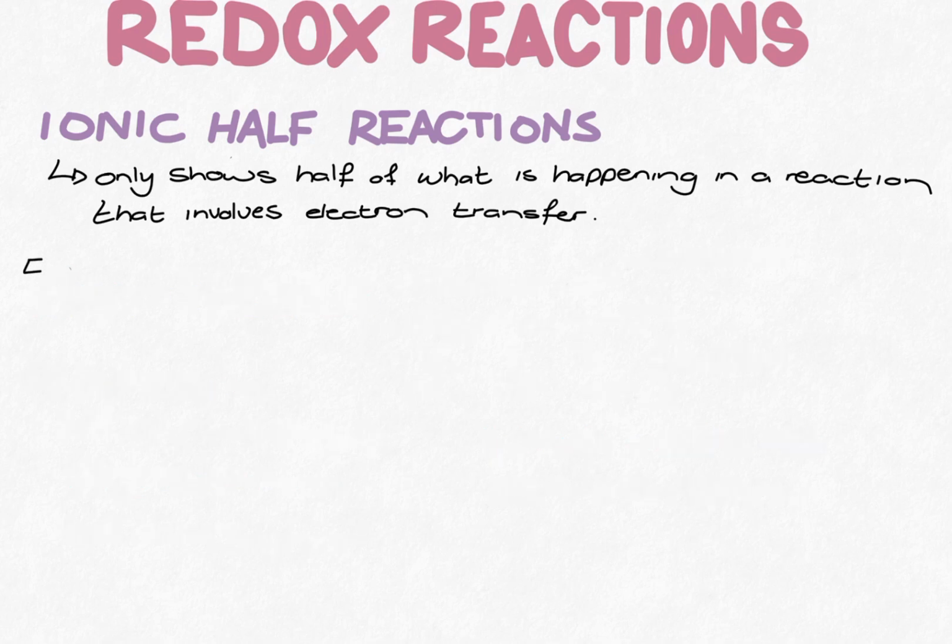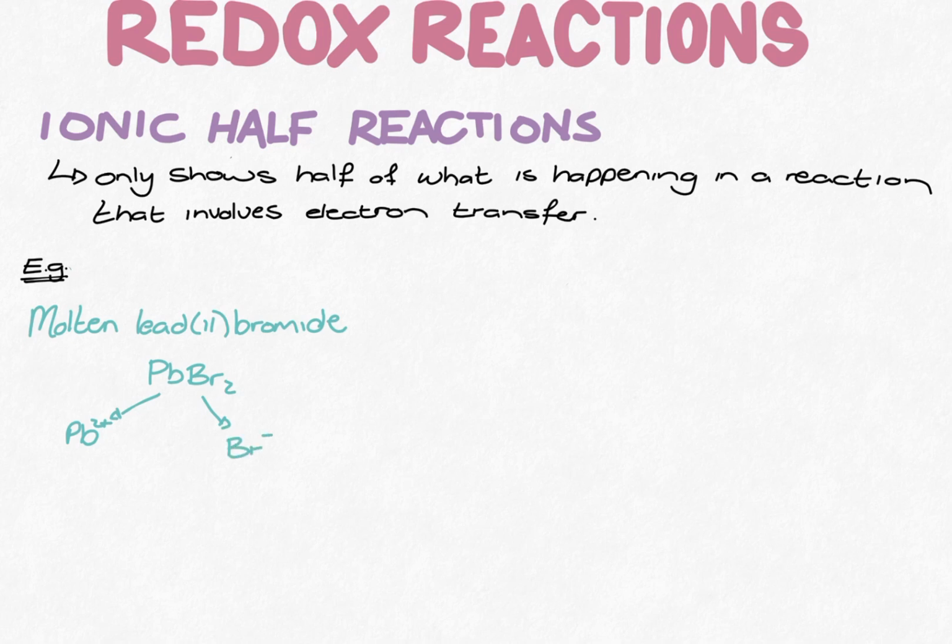We can now have a look at how our half reactions would look in the electrolysis examples of the previous video. So the first one we did was molten lead bromide. Now molten lead bromide has the chemical formula PbBr2. So here I have lead, or Pb, that has a charge of 2 plus, and I have bromine that has a charge of 1 minus.